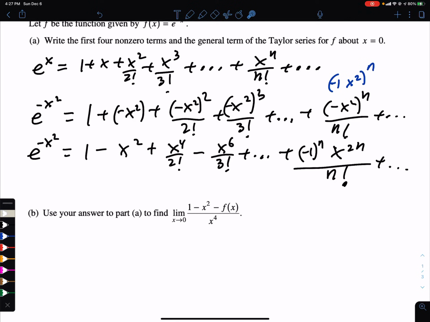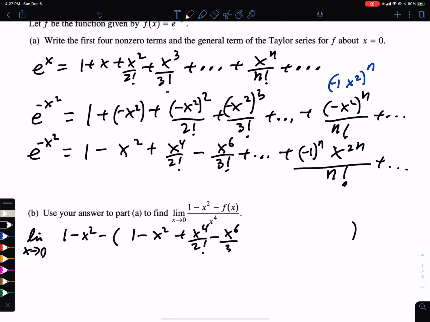Part B, use your answer to find the limit, that limit. So we're going to have to do some work here. So 1 minus x squared minus, I need to put my Taylor series there that I just found. So it's going to be 1 minus x squared plus x to the 4th over 2 factorial, minus x to the 6th over 3 factorial, plus dot, dot, dot.